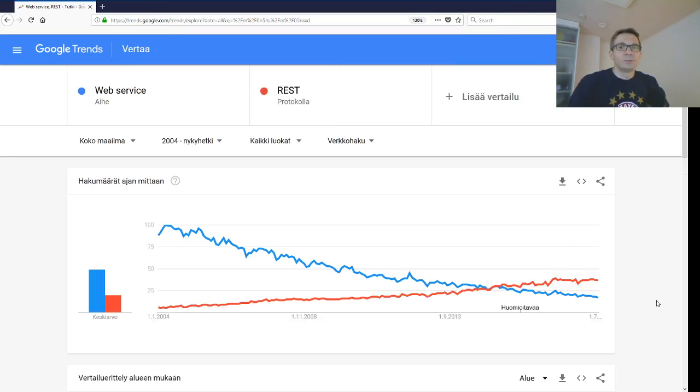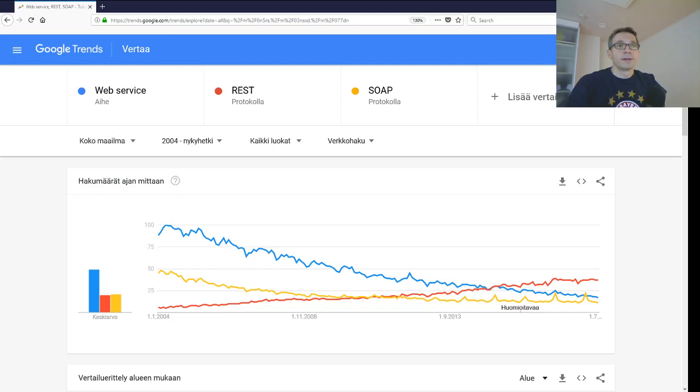Yet, when we add REST, which is currently the most popular web service implementation protocol, we can see that the searches done on REST have actually been increasing ever since 2004. Another popular web service protocol called SOAP, we can see that interest in this protocol has been declining.